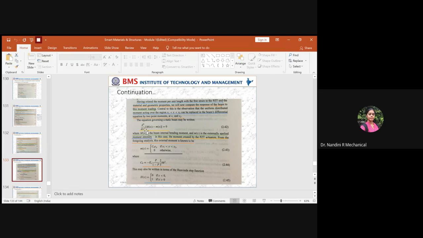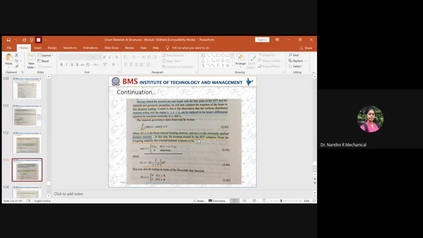What is the difference between small m and capital M? Capital M of x is always associated with the beam internal bending moment. When you have a structure and the PZT patch, the bending happens internally as well as externally. The internal bending moment is always associated with capital M, and the beam external bending moment is always referred to by small m of x.